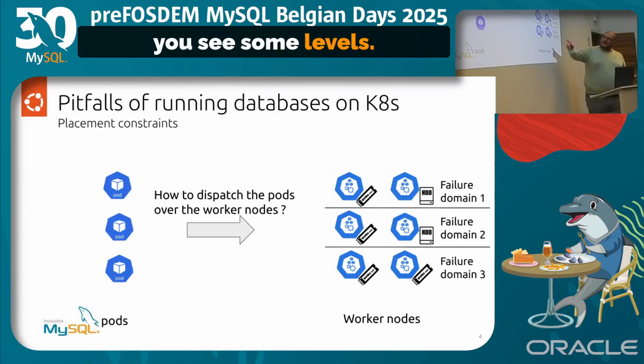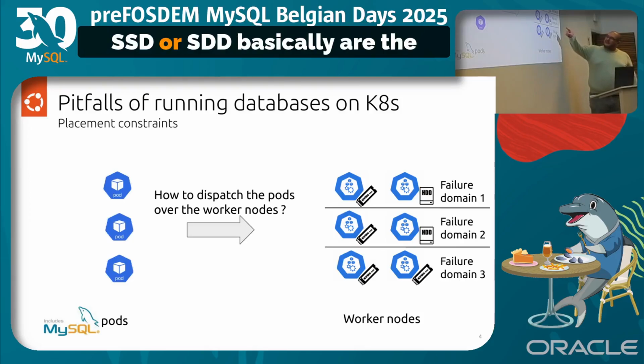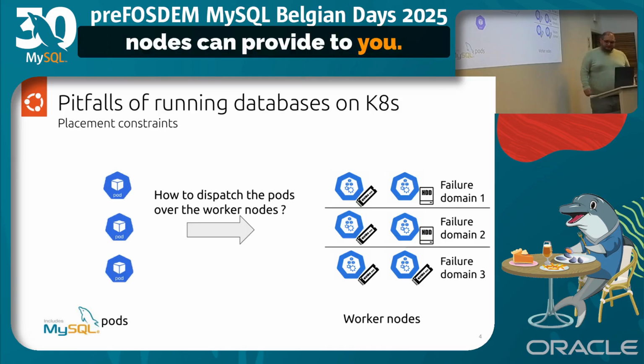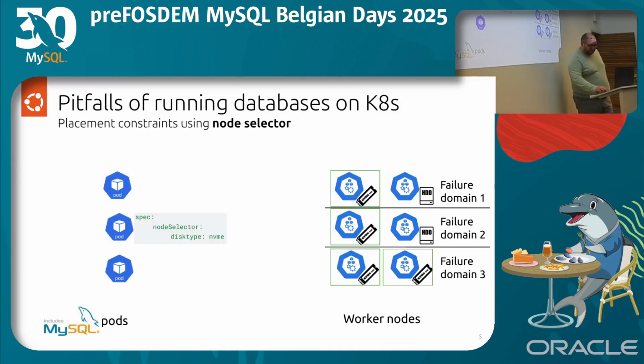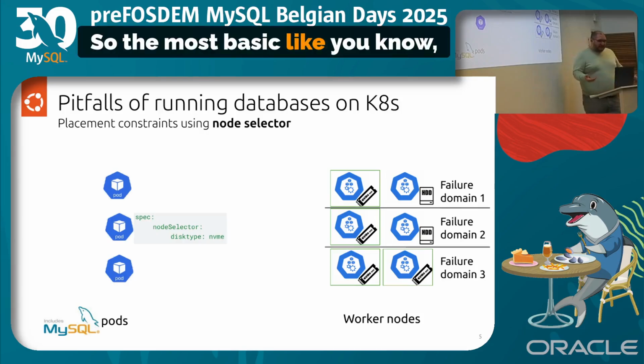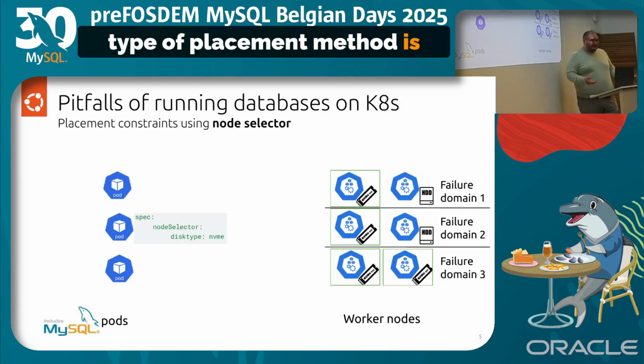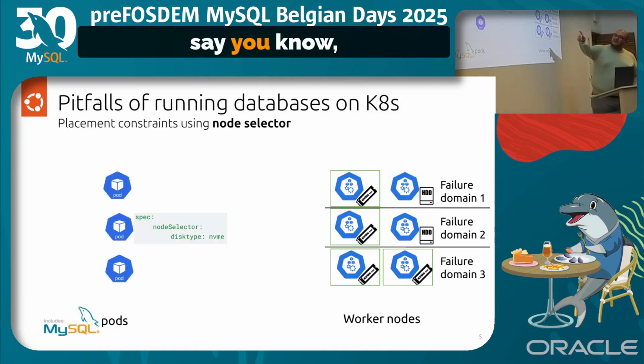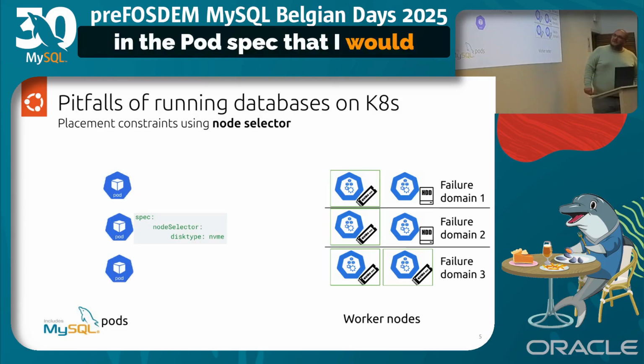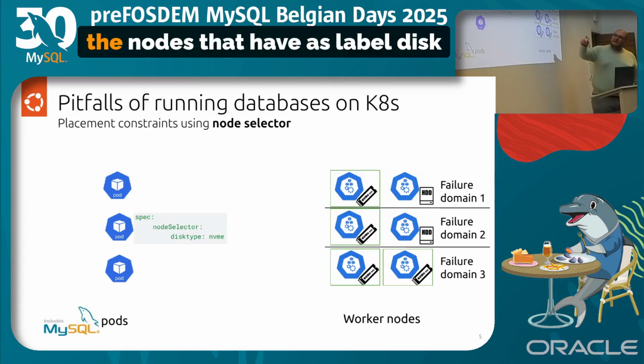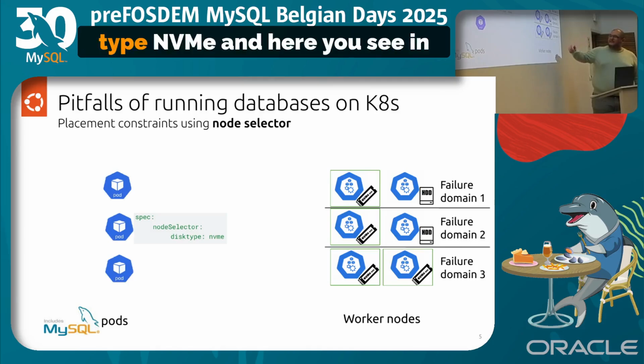And here you see some labels. Those labels like NVMe SSD or HDD are basically the type of storage that those nodes can provide to you. The most basic type of placement method is using plain node selector. You can, for example, say in the pod spec that you would like your pods to be scheduled on the nodes that have the label disk type NVMe.